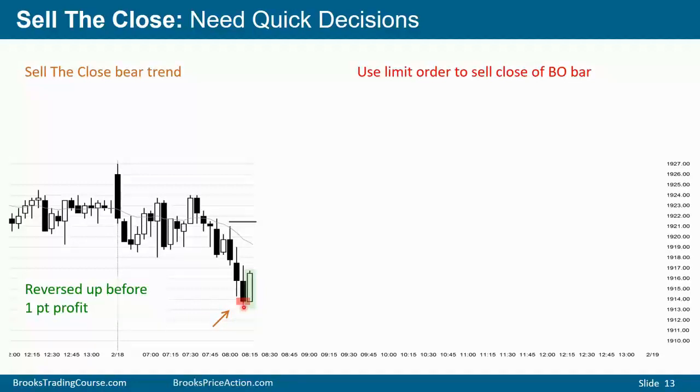In a sell the close bear trend like this, and the market immediately reverses up in a bull bar like that, usually you can sell more higher, like a couple points higher, expecting the market to come back down to this close. And then you can get out break even on this entry and with a profit on your higher entry.